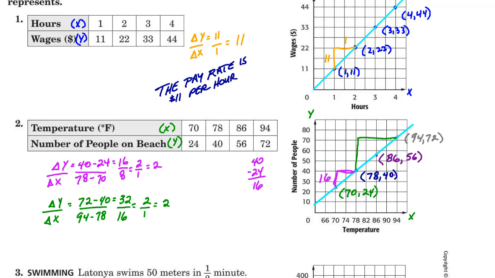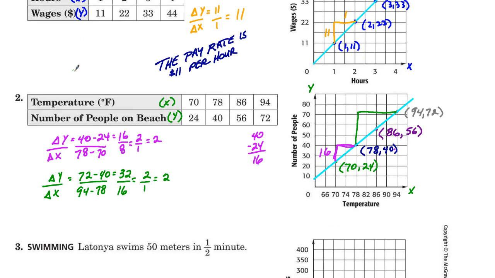So we know that what was happening is the people on the beach increased at a rate of 2 people for every 1 degree change in temperature. Every time the temperature went up 1 degree, the number of people increased by 2.